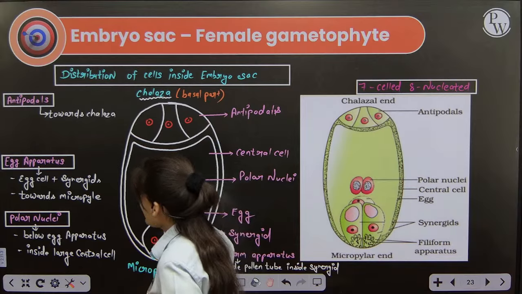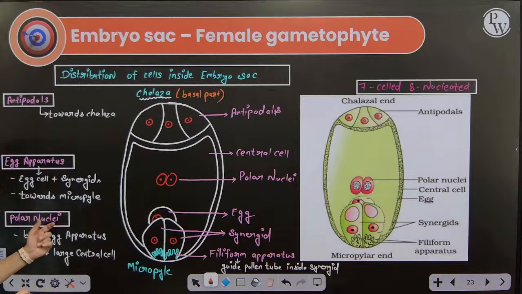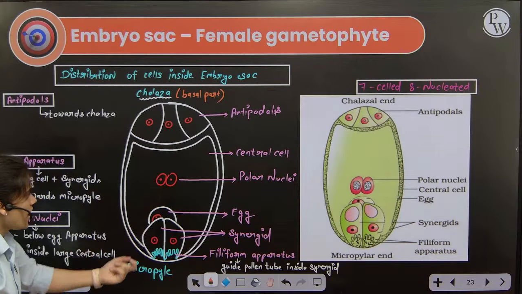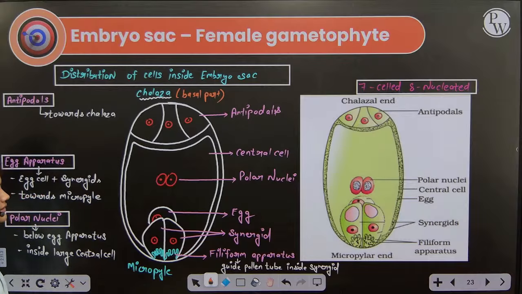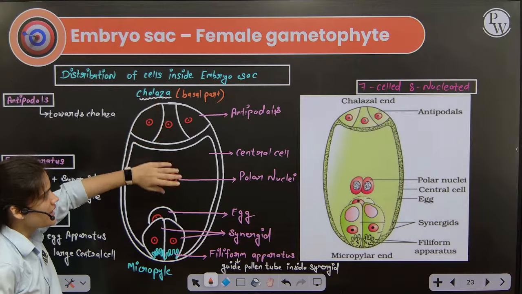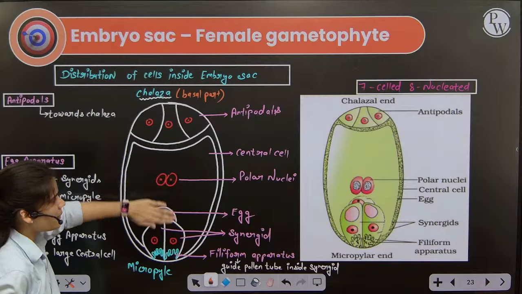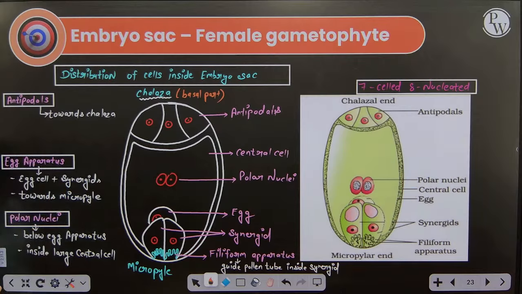So can I say that the polar nuclei are present below the egg apparatus? If chalaza is the base, then the polar nuclei are present below the egg apparatus. Mark this line as very important. They can give above here, so the above one is incorrect, below is correct.